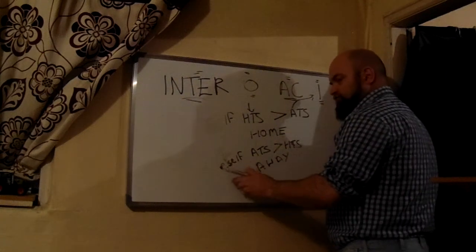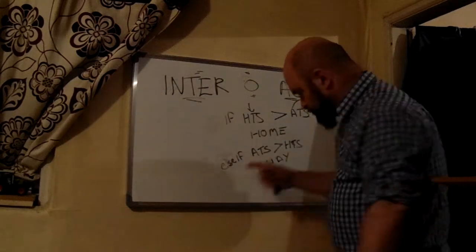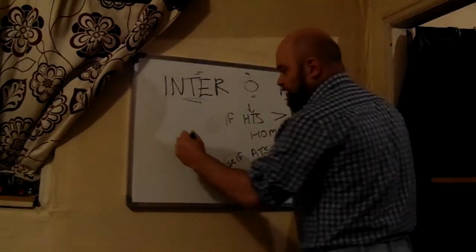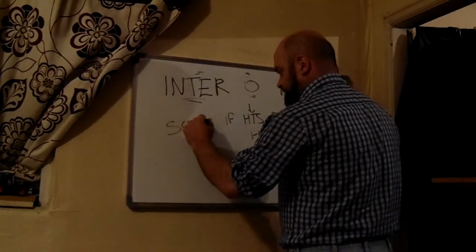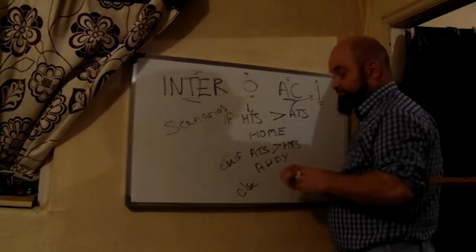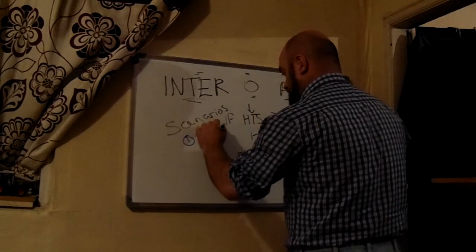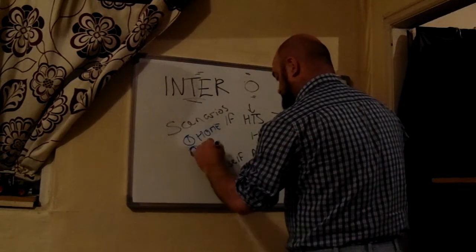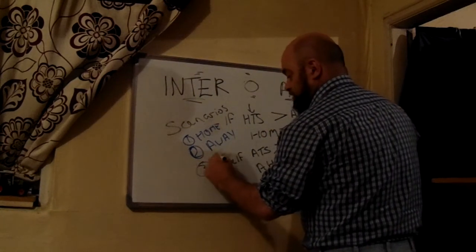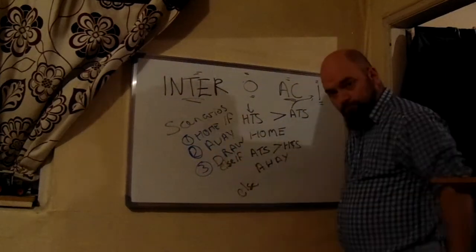Now, you might say, why don't they just use an else? The reason I don't use an else here, but I do use it right down here, is because we have to count how many scenarios there are. The 3 scenarios are as follows: 1, home; 2, away; and 3 is obviously draw.